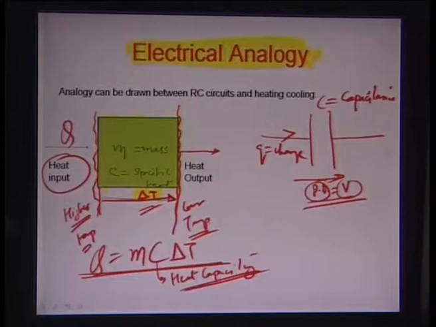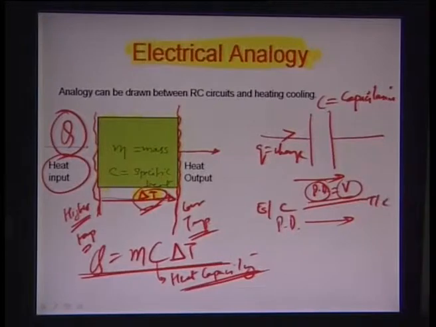What causes the heat here to flow is the temperature difference here. So it's kind of analogous. So potential difference in an electrical circuit is the same as temperature difference in a thermal circuit. The quantity in an electrical circuit which flows is the charge q, as opposed to the quantity in the thermal circuit, which is the heat q.